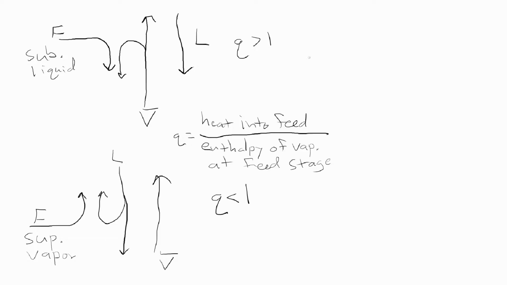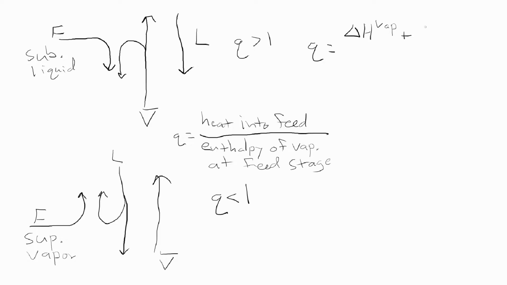For a subcooled liquid, Q then is going to be equal to the amount of energy required to turn this liquid into vapor, plus the amount of energy that we will need to bring the entering feed to its bubble point, because everything's going to reach equilibrium.